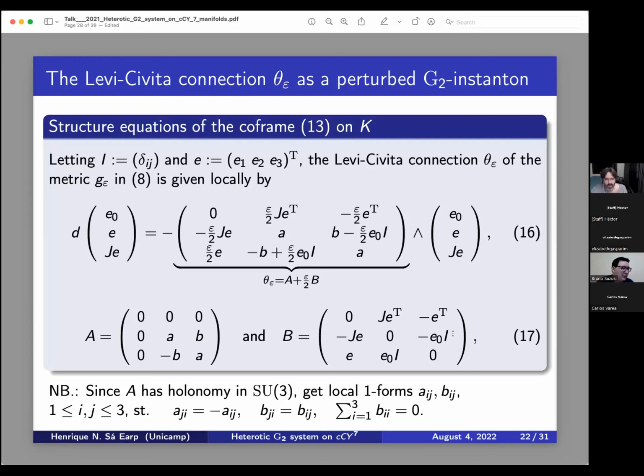And I here is a central element in SU3, right? Now, since A has holonomy in SU3 — did I say SU2? I meant SU3. So this is the fact that A is an SU3 connection.